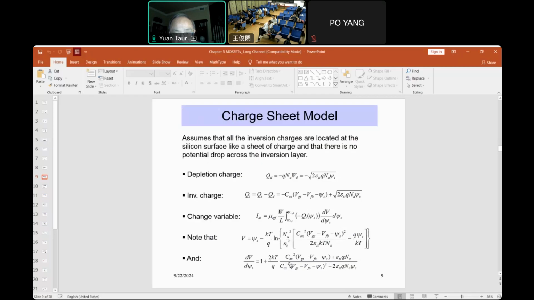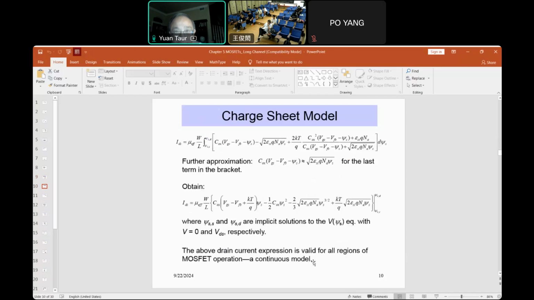This has 1 plus something. So 1 is Qi, and the second one is a fraction shown here, like this, and then a function of psi s.